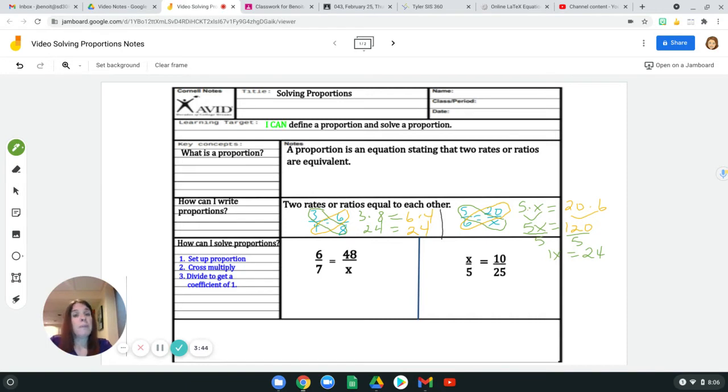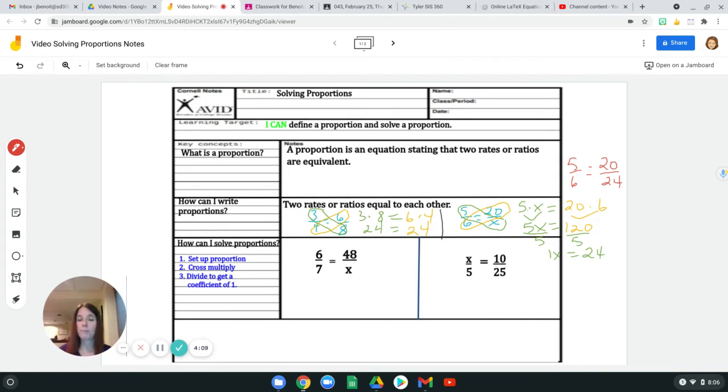So to make the proportion without the variable in it, then we would write this as 5/6 equals 20 over 24. So we would rewrite that proportion with our answer in place of the variable. Okay? All right, let's do some more practice.